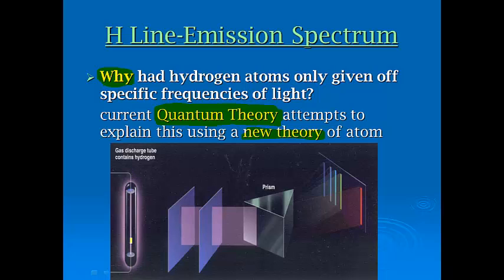Here is the hydrogen. In this particular case, when hydrogen has electricity running through it, it gives us this neon color, and we'll see this in class. We pass it through a slit, then through the prism, and it separates it into these specific bands. We'll see a couple of these so that we can see the difference. But again, we had continuous light that was separated into pieces, and we had to explain that.